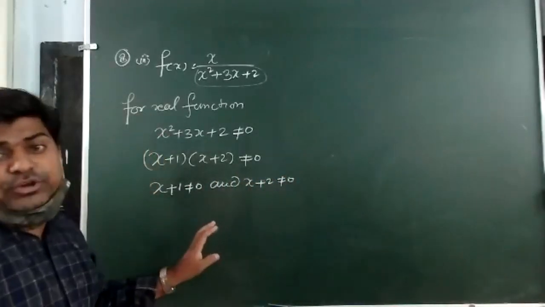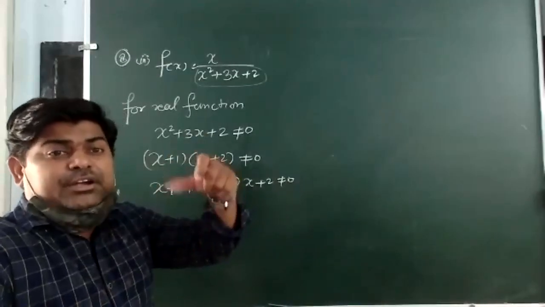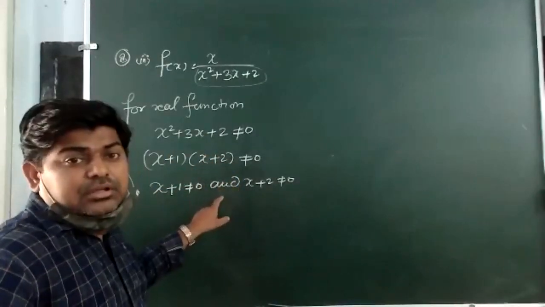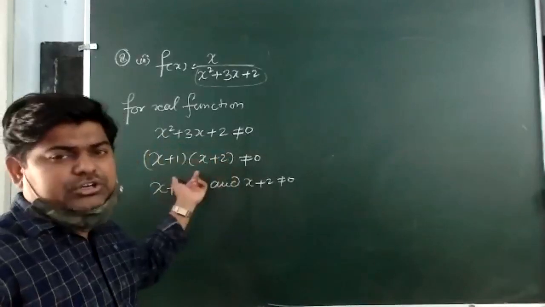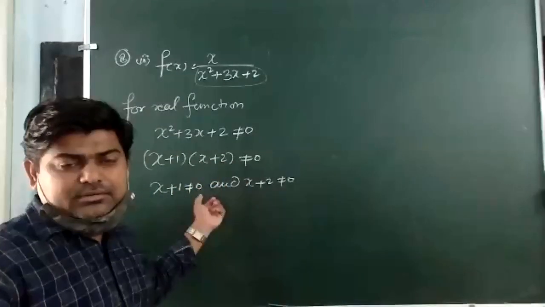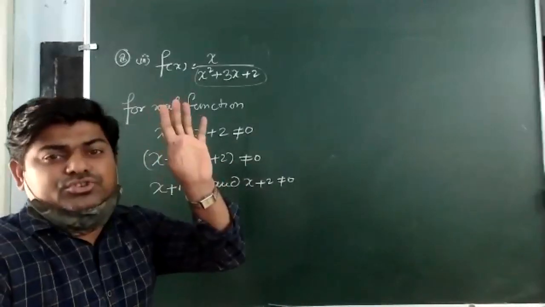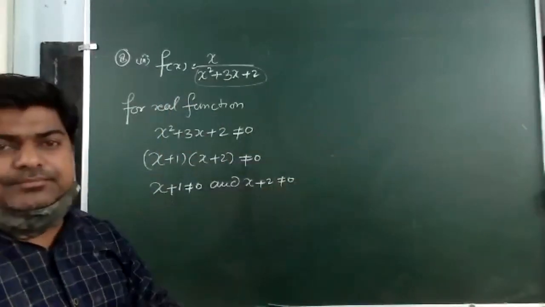Listen to me very carefully. Till now, when we were taking equal to 0, we were taking or. Either the first bracket is 0 or the second bracket is 0, then the product will be 0, or both will be 0. But here I took and. Both should not be equal to 0. If any one of them is 0, then our function will be undefined.